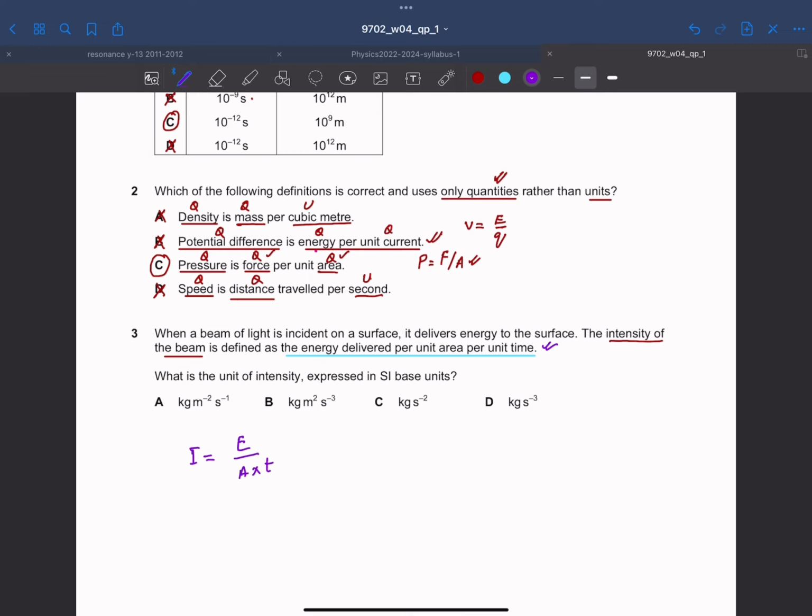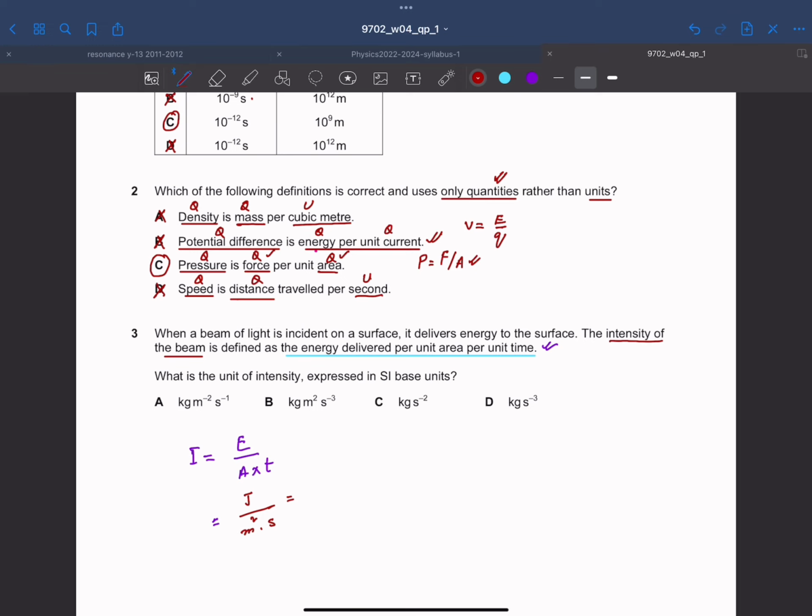And of course, as we are talking about the SI base units, here you know that energy is joule, here you have meter square, then you have time in seconds.